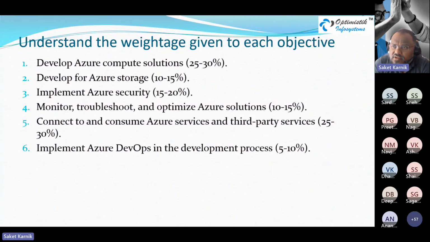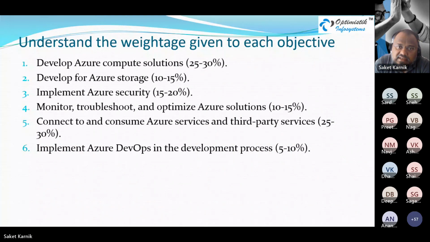First one, Azure Compute Solutions, more on the development side, followed by security. These are the two most important skills. Then comes storage and monitoring, troubleshooting, and optimization. Third-party services integration also is a pretty important one. There again, you can see 25 to 30%.